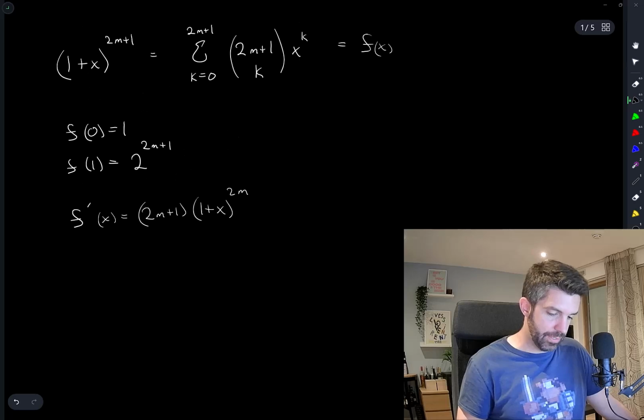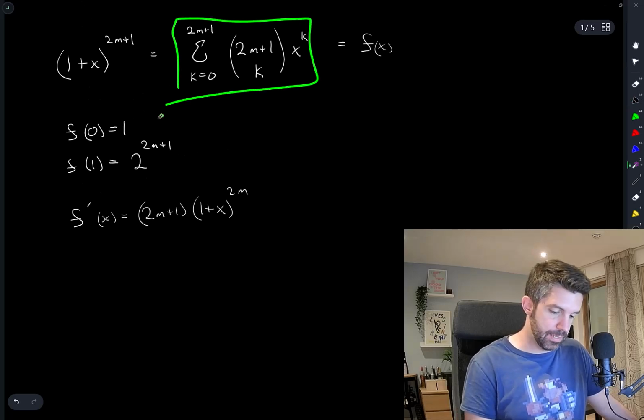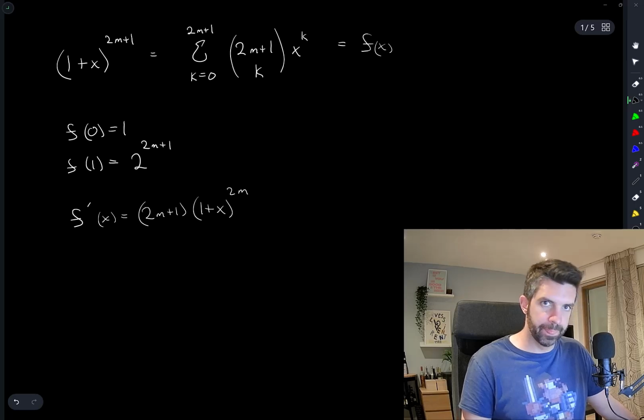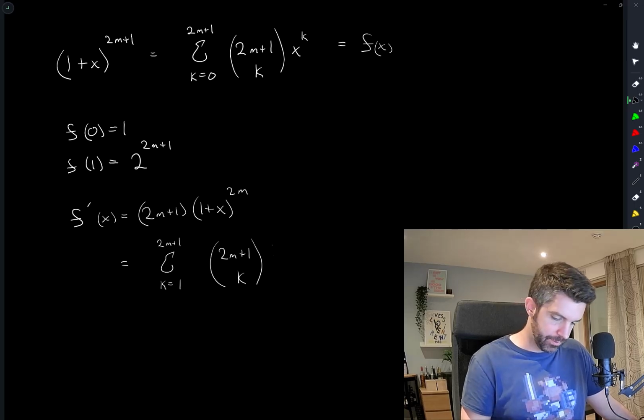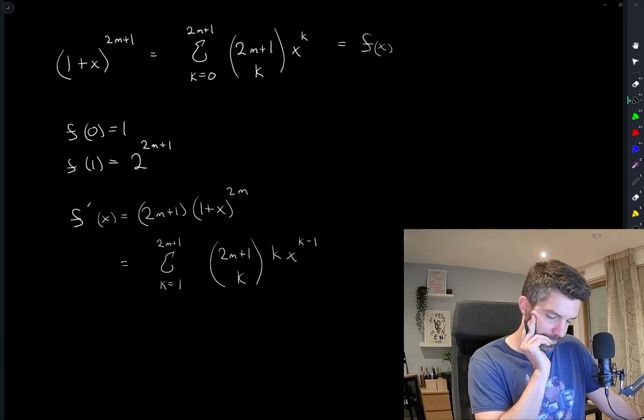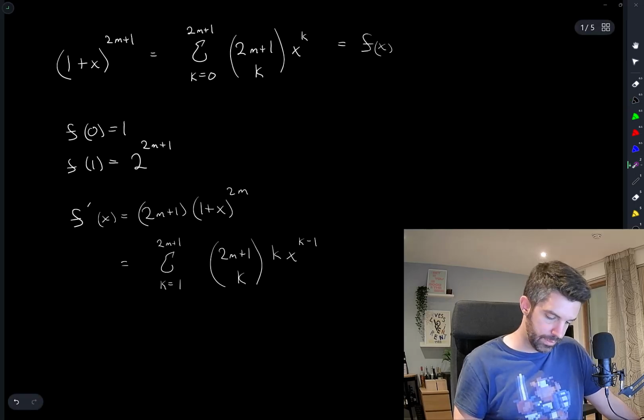And if I take a derivative instead with the binomial expansion, I also have that it's equal to the sum as k goes from 1 to 2m+1 of (2m+1 choose k) times k x^(k-1).